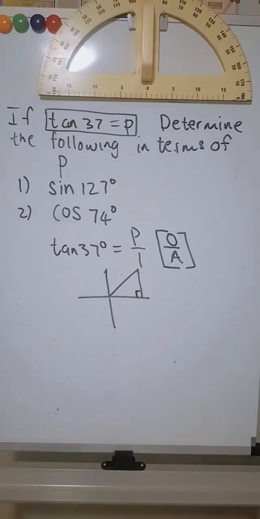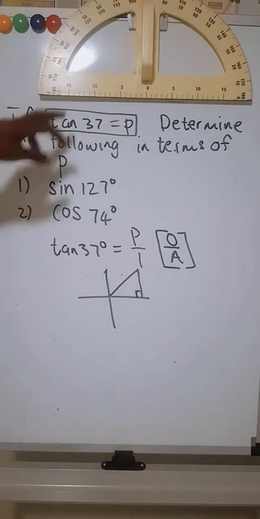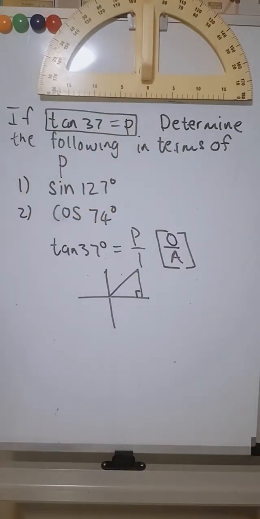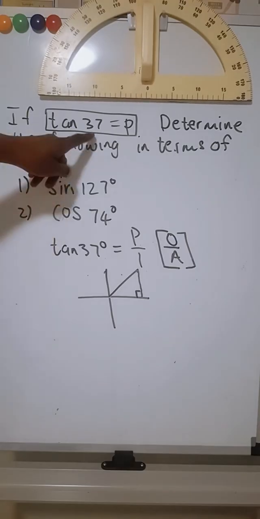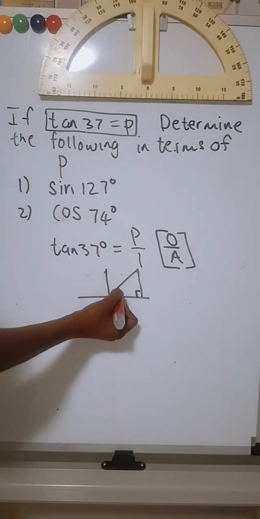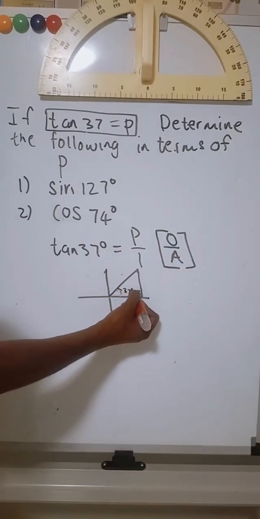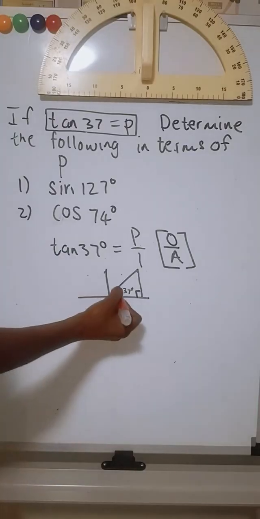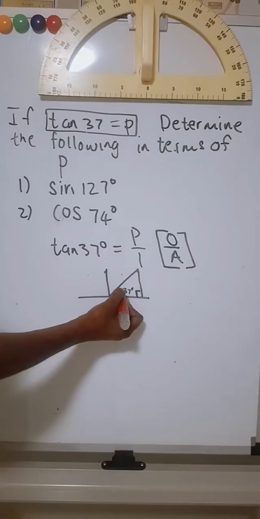Why specifically in the first quadrant? Because we have not been told anything else. No restrictions. There's no interval where the angle 37 degrees lies. But because we know 37 degrees is an acute angle, we are going to draw the diagram in the first quadrant. We are not assuming that, we are just rolling with what we have as given in the statement.